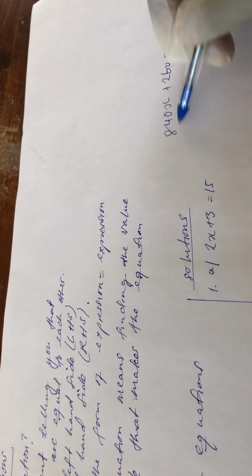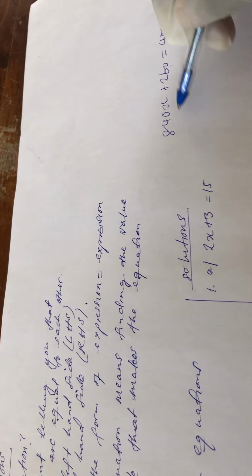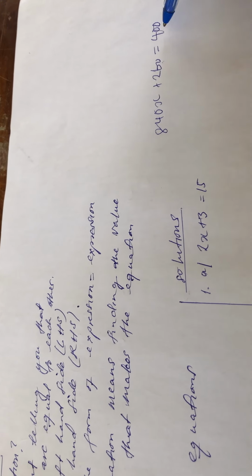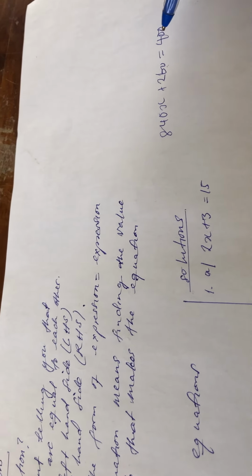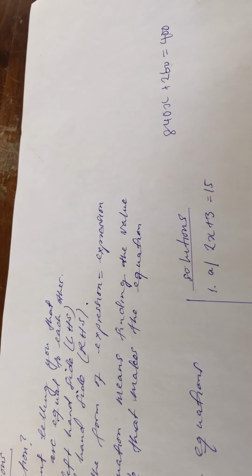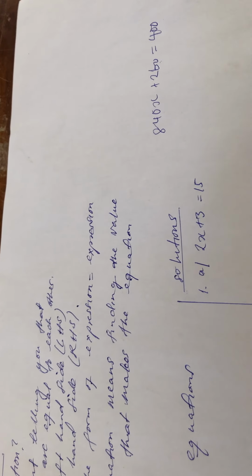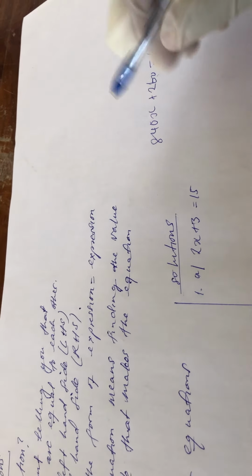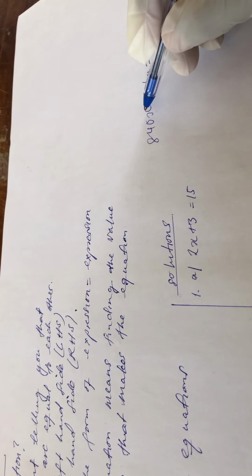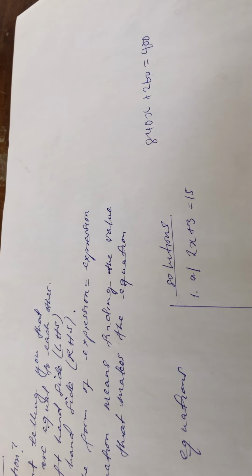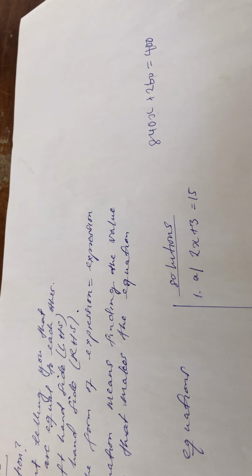If you do it this way, for problems where you have big numbers, it becomes difficult to solve by inspection. That is why algebra is now making it easy for you. We have figured out ways of finding that number that we are looking for, not by inspection, but by following a certain set of rules.